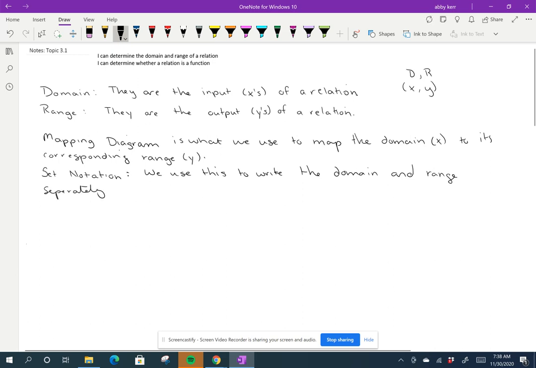And we actually use the braces. They're like a fancier parenthesis. Please do not use parentheses because that stands for ordered pairs. So use these little squiggly braces. If you're not good with writing the braces, that's okay. Just do your best to do the squiggly.